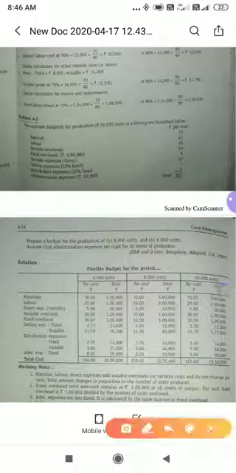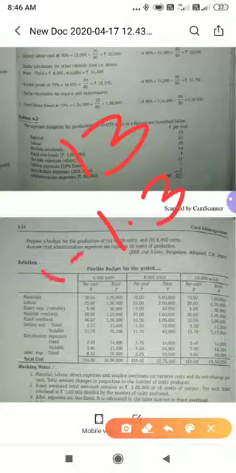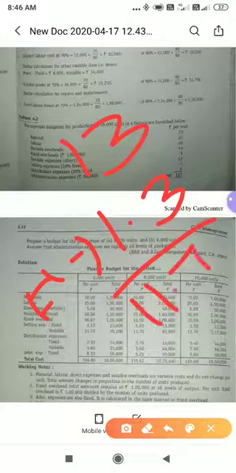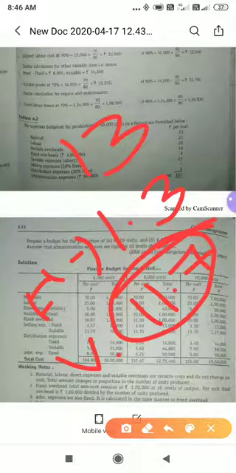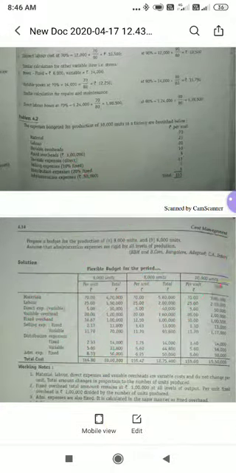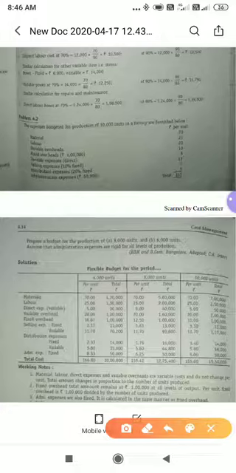Done. See, out of 13 rupees, 1.3 is fixed cost, right? So if you minus, how much you will get? 11.7 we will get. What is that 11.7? It is variable. See, semi variable cost will have both fixed as well as variable. We have calculated fixed cost. The balance will be variable cost.